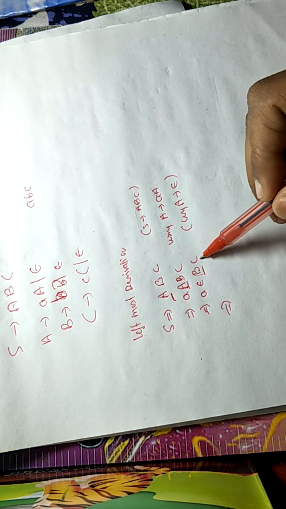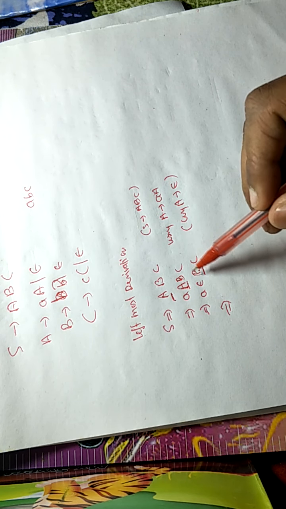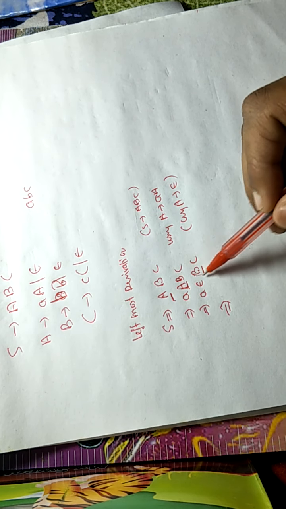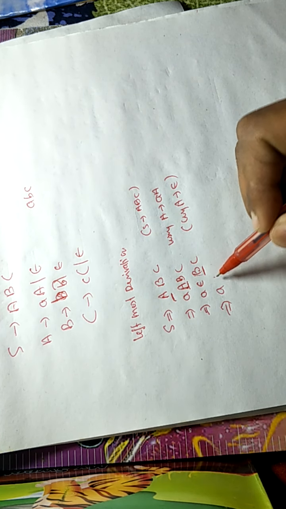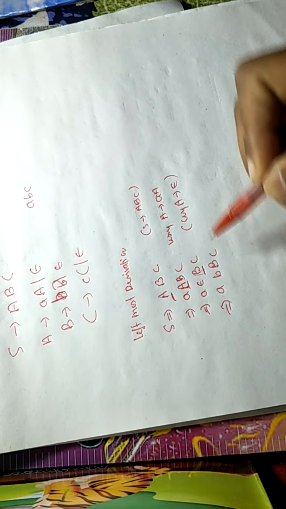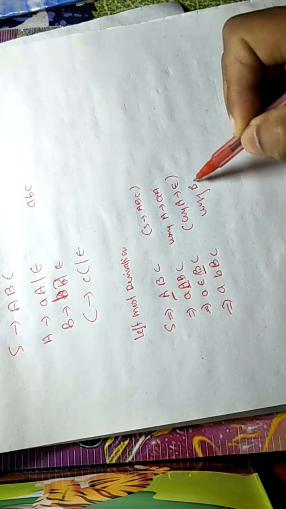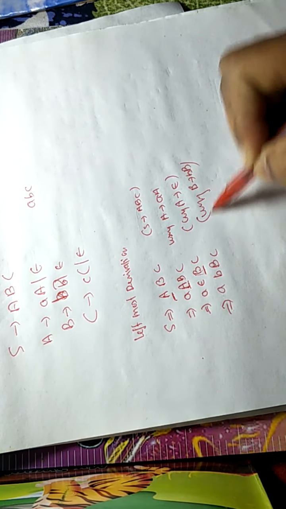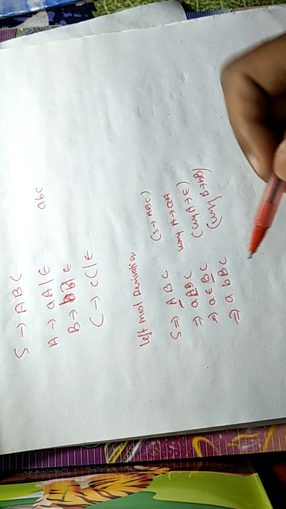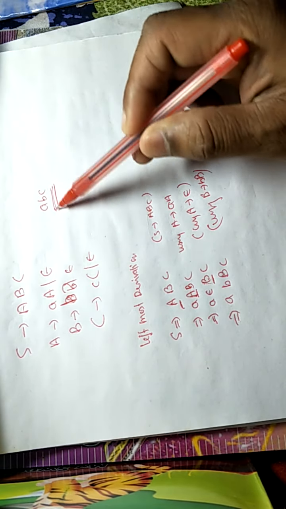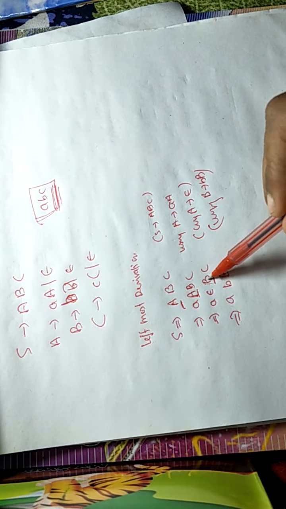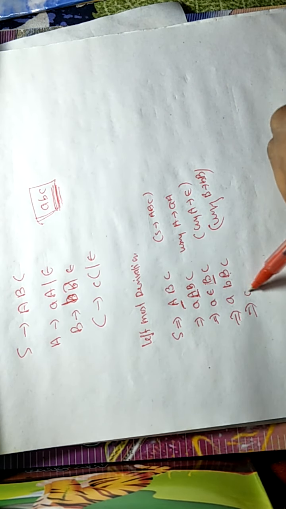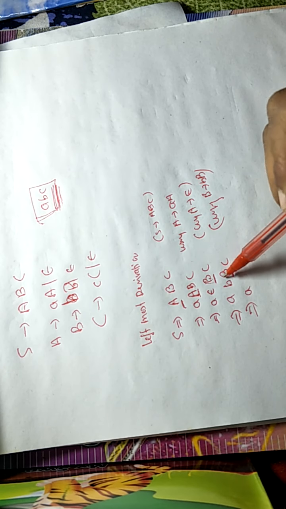Here I have the choice to replace B and C, and I am replacing B. I am using the production for B only. So I will replace this B by BB using B tends to BB. At each step we have to keep in mind that we have to derive the given string ABC. Now this is the leftmost non-terminal.